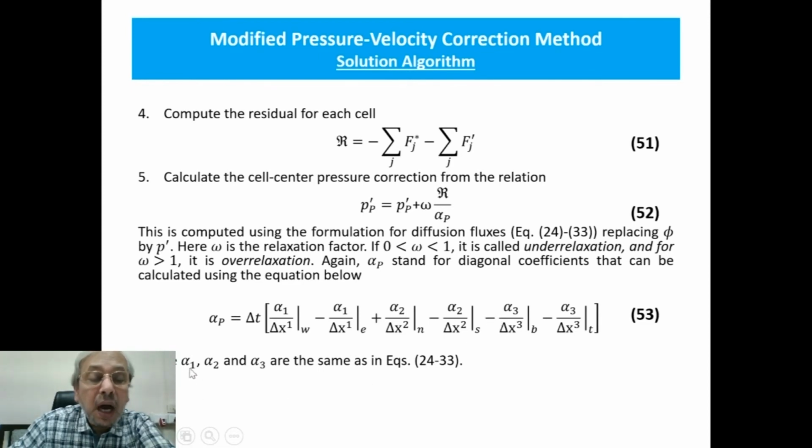Here alpha 1, alpha 2, alpha 3 are basically the same parameters that we calculated in our previous lecture, from the components of the unit normal vector: n1 in 3 Cartesian directions, n2 in 3 Cartesian directions, n3 in 3 Cartesian directions.